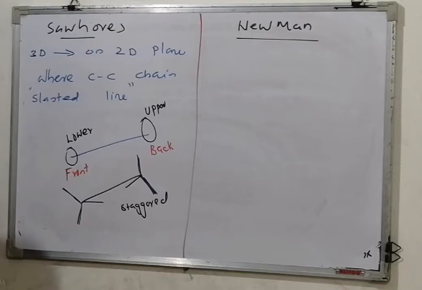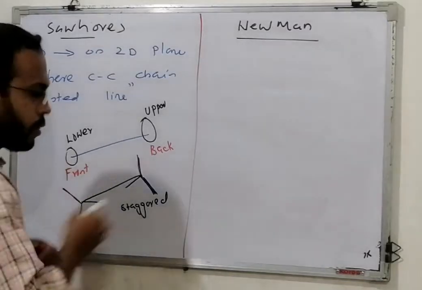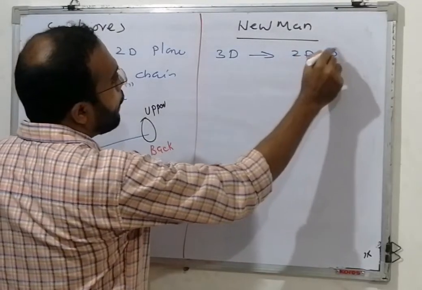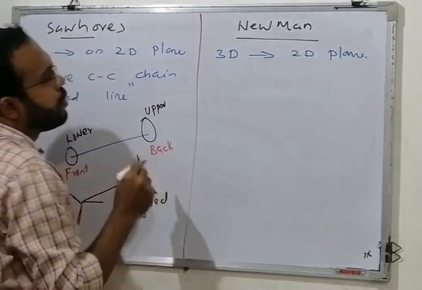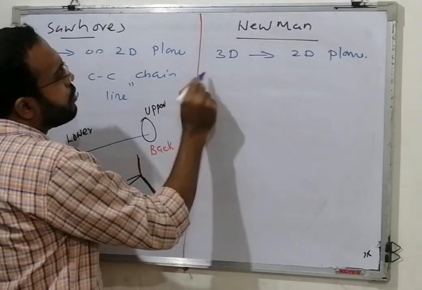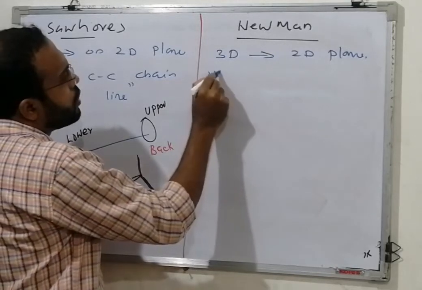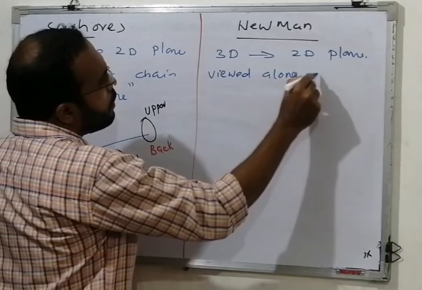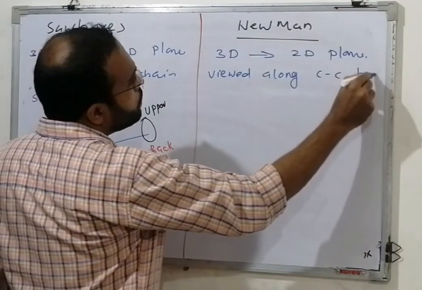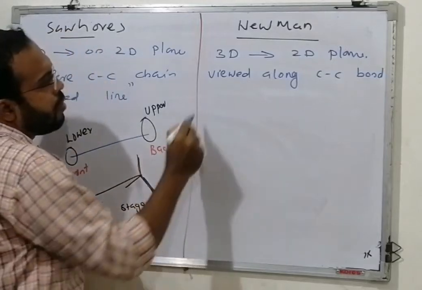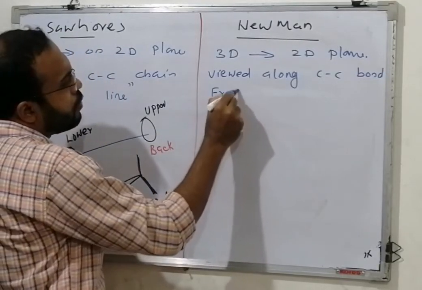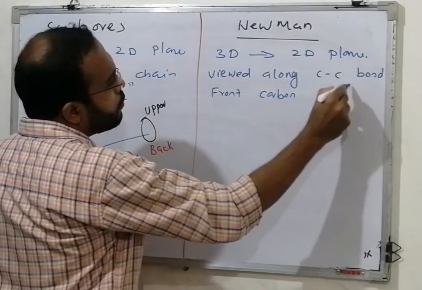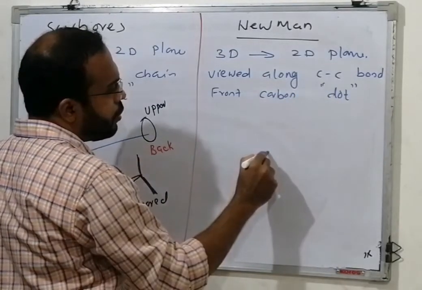In Newman, it's a 3D way on a 2D plane. Here the structure is viewed along the carbon-carbon bond. Front carbon is a dot.